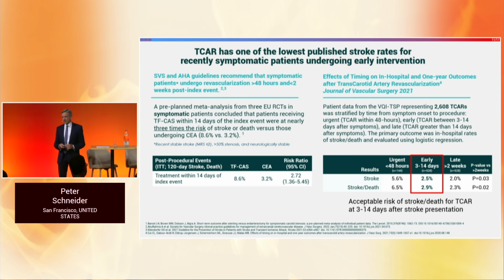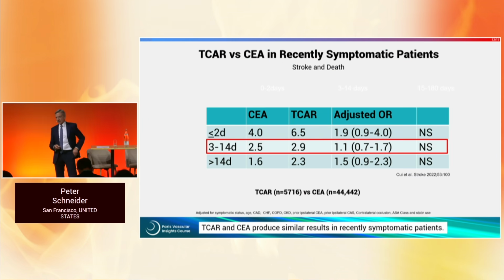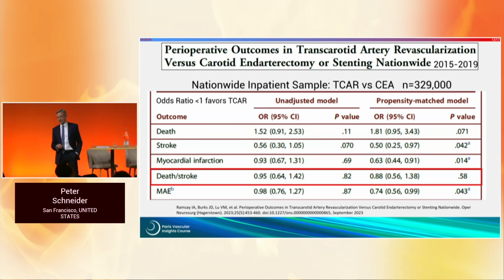What you see there with the early, that is the 3 to 14 days, with regards to stroke and death, 2.5 and 2.9% for TCAR. This is comparing now with CEA. So these are about 50,000 patients, again propensity matched, looking at that 3 to 14 day time frame, 2.5 versus 2.9%, not significantly different.